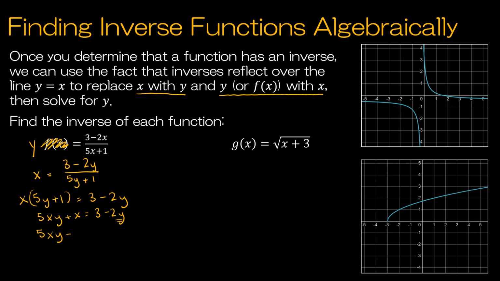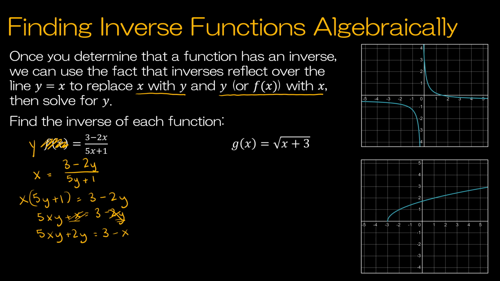I'm going to add 2y to each side to get rid of the 2y on the right. And I'm going to collect anything that doesn't have a y on the right side. So I have a 3 over here, but I need to get rid of this plus x, so I'm going to subtract x from each side so that everything is now in the correct spot.